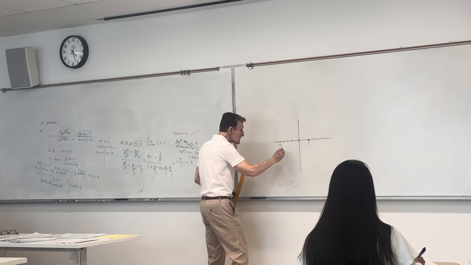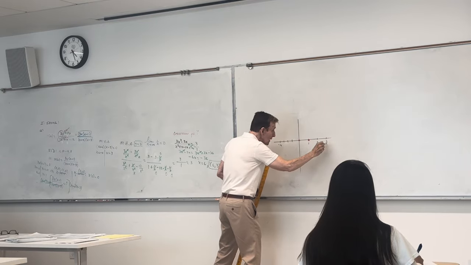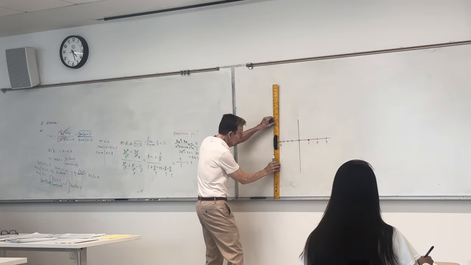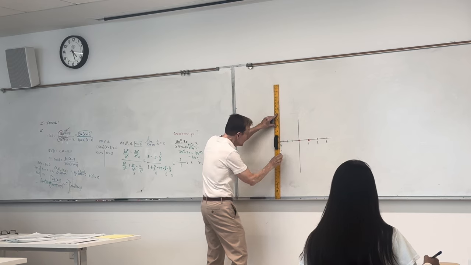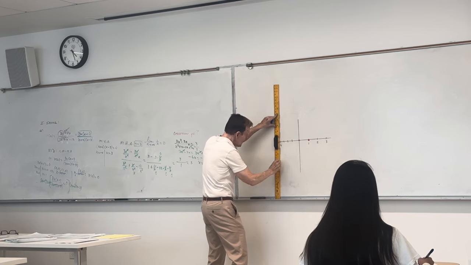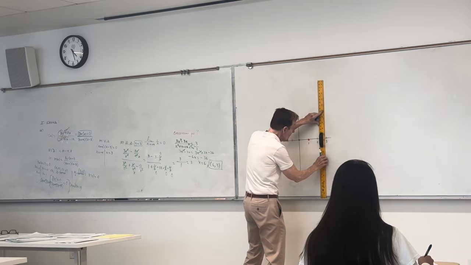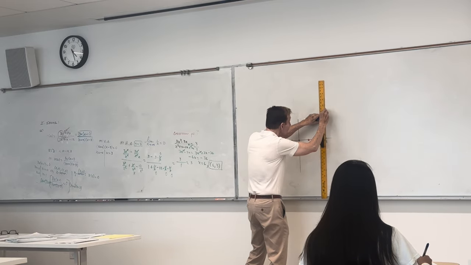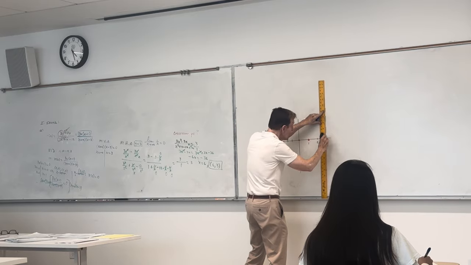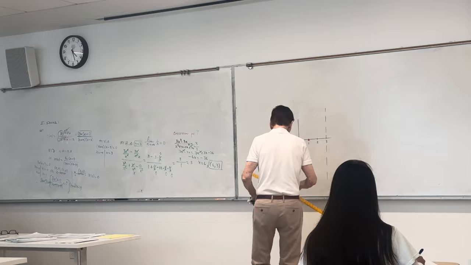These take so much time to graph. Guys, -4 right here is a vertical asymptote. Look like this. And a +3 out here. Those are my two vertical asymptotes.